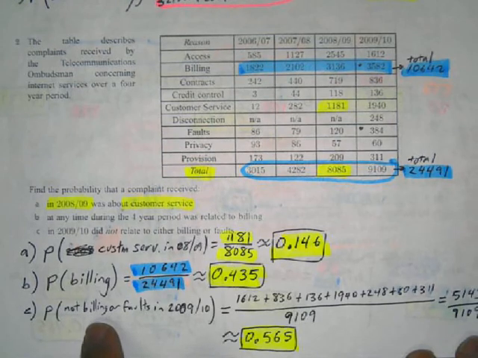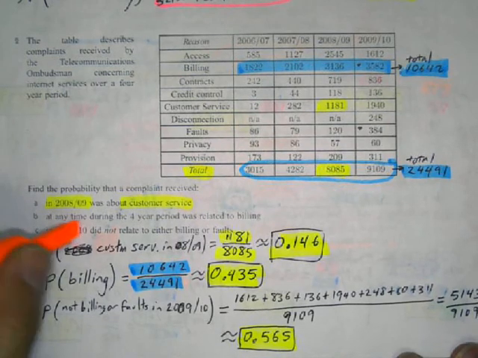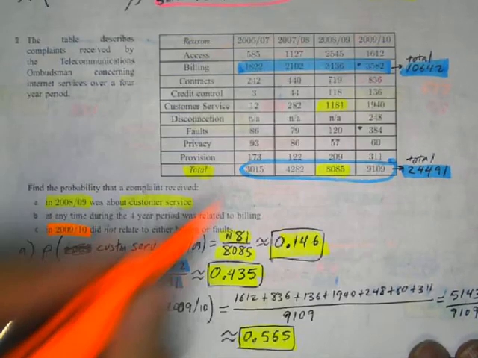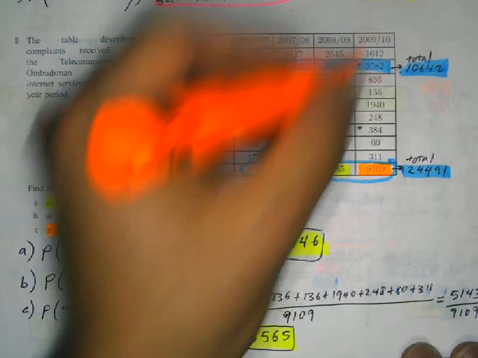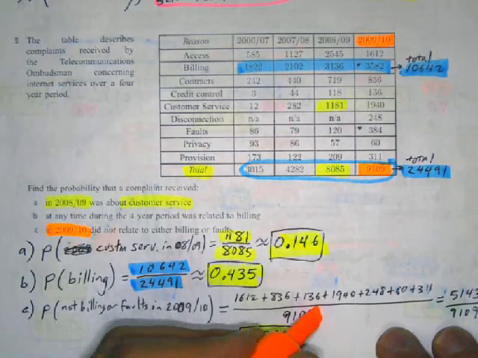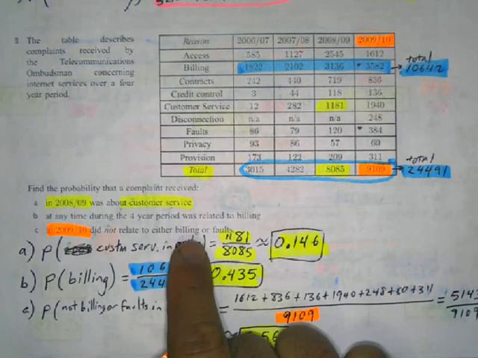Okay, question C. The probability that it is not related to faults or billing in the year 2009-2010. So my denominator is going to be from the year 2009-2010, and my numerator is going to be everything except billing and faults.